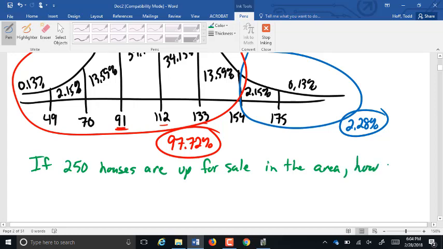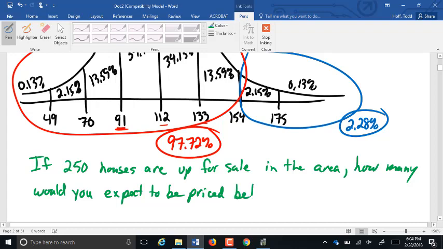How many would you expect to be priced between $70,000 and $133,000?